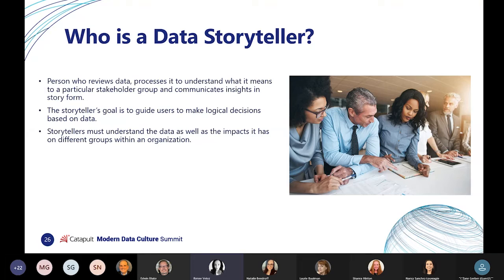And the goal of a storyteller is to guide users to help make logical decisions based on that data. So storytellers often are your SMEs, and they've got to understand the data as well as the impacts it has on the different business groups, different departments, different processes within an organization. So these are really important.